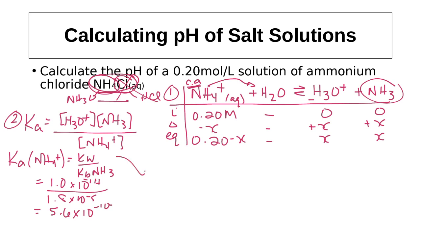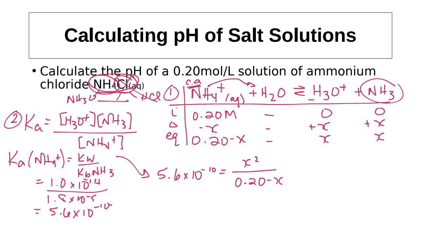So we're going to insert that over here. So 5.6 times 10 to the negative 10 is equal to x squared divided by 0.20 minus x, okay?